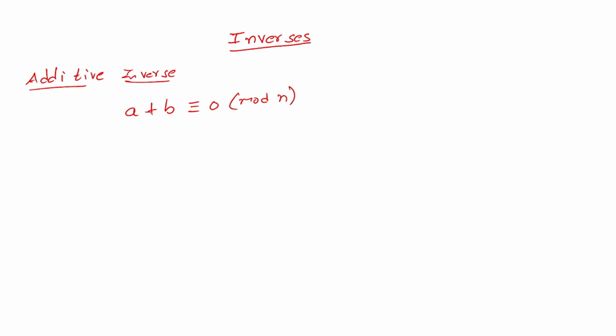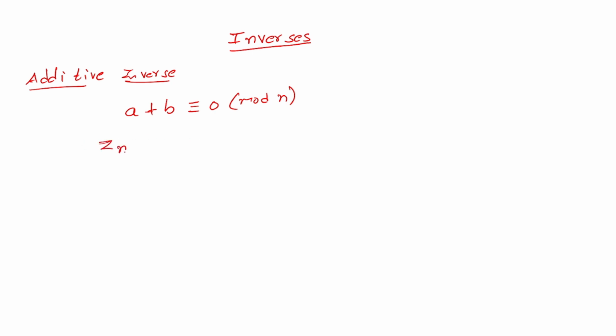Then these two values are additive inverses of each other. Okay, so a is the additive inverse of b, and b is the additive inverse of a.